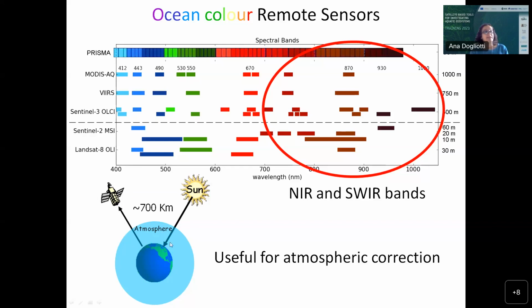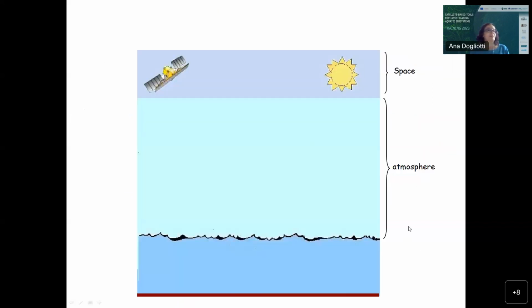So we have something in between, the atmosphere, which introduces a kind of noise, a signal we don't want. And these bands are mainly used for the correction that we call atmospheric correction, to get rid of the atmosphere.